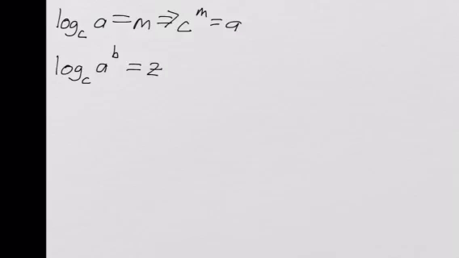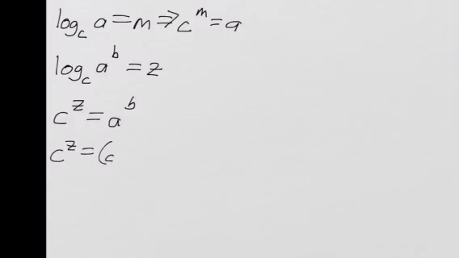So same thing as last time, c to the z is equal to a to the b. But now we have the fact that a is equal to c to the m. So c to the z is equal to c to the m to the b.